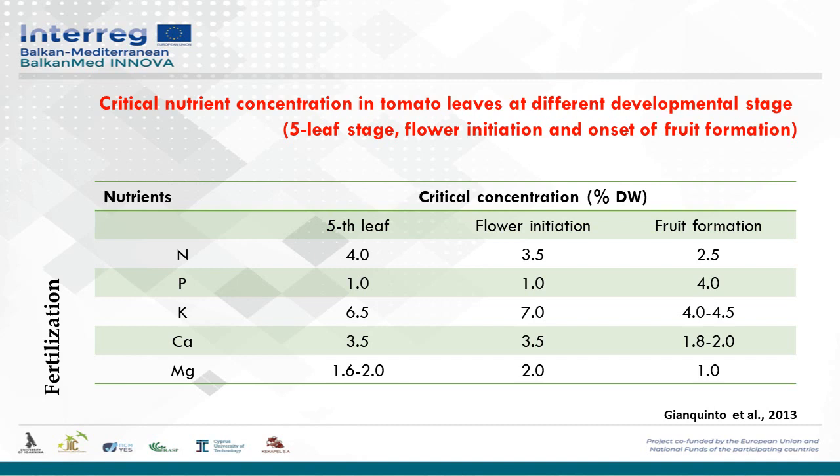Then we can use these values here of the critical concentration expressed in percentage of dry weight of each of these macronutrients at different stages of development: the fifth leaf, flower initiation, and fruit formation.